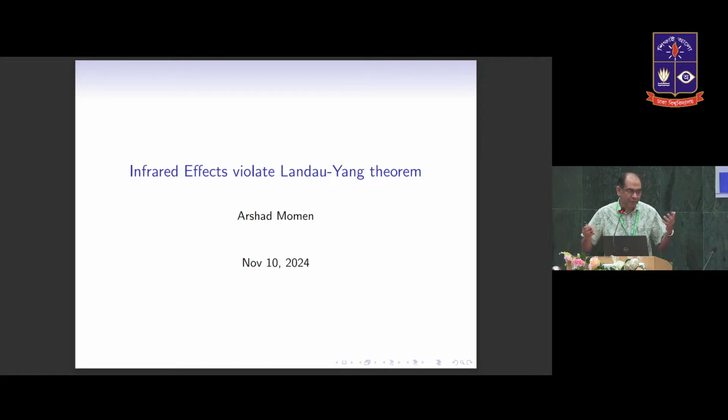There are some folklores, but this has been tried to be put in a systematic order in two programs. I am not an expert on this, so I cannot tell the difference between them. One of them happens to be constructive quantum field theory, and the other one is axiomatic quantum field theory.